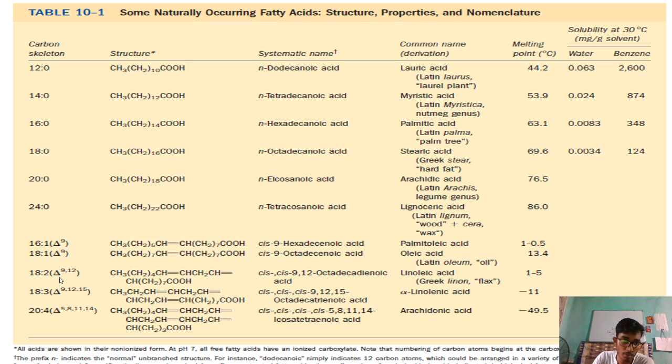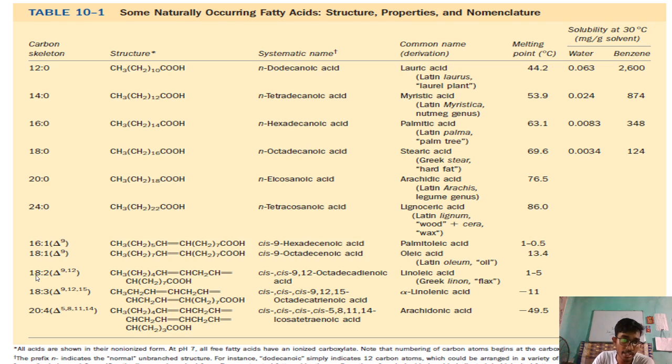If there are two or more double bonds, then with 2 it will be called dienoic, and with 3 it will be called trienoic. Let's take another one, linoleic acid.